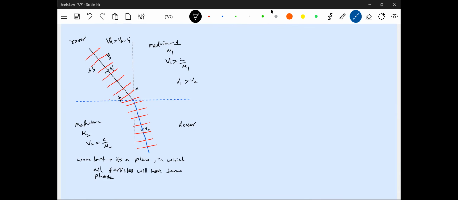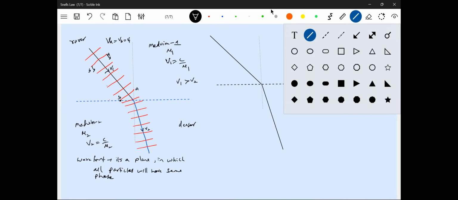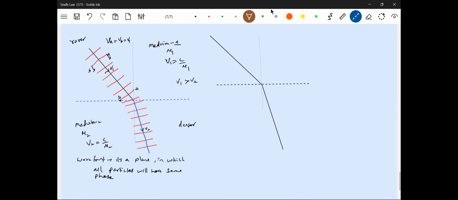I'll give a detailed diagram, since some of you may find this very difficult. The wave has entered like this. Same thing, I'll magnify the diagram. You can see clearly that now both have the same speed.